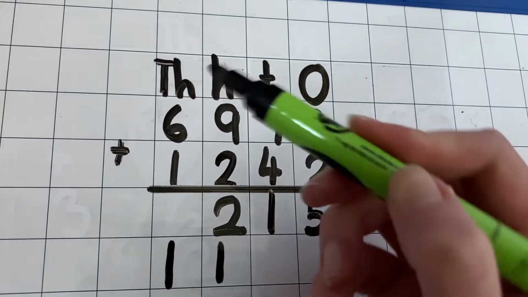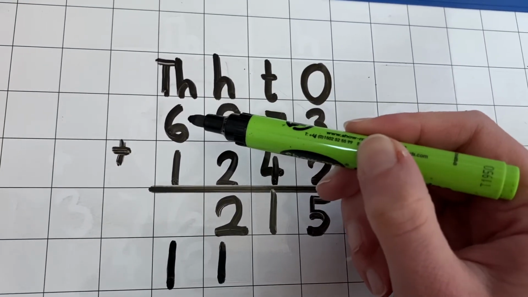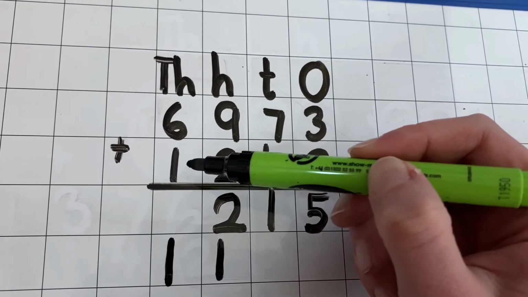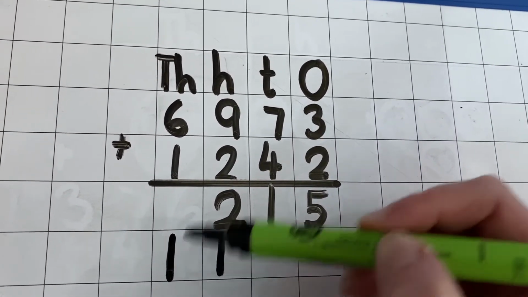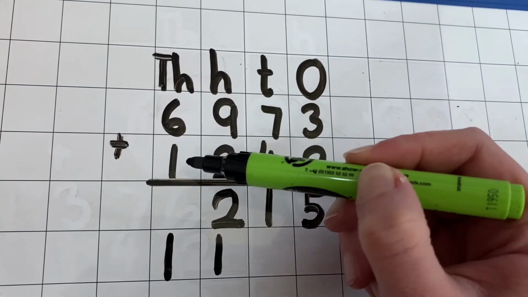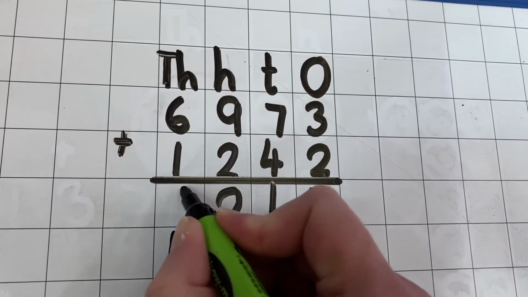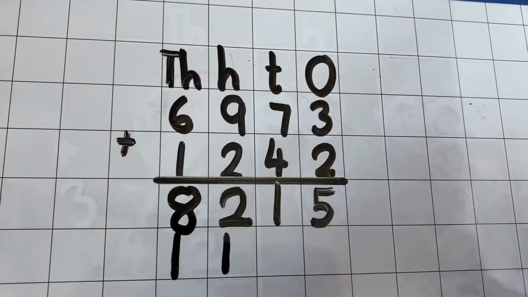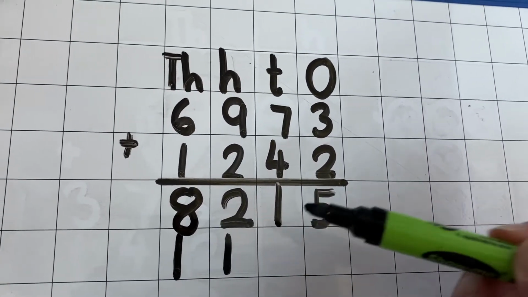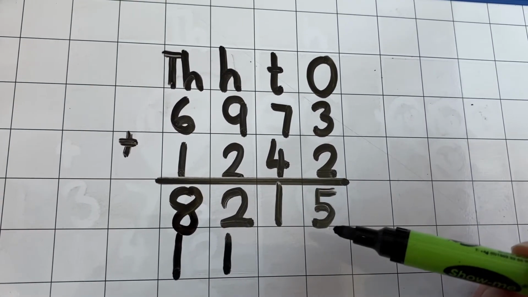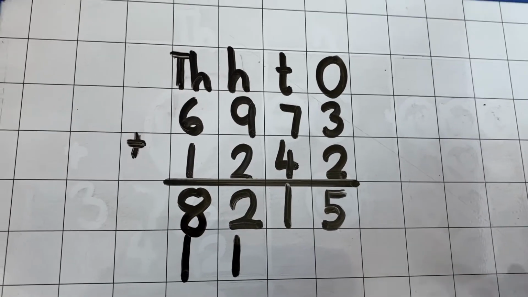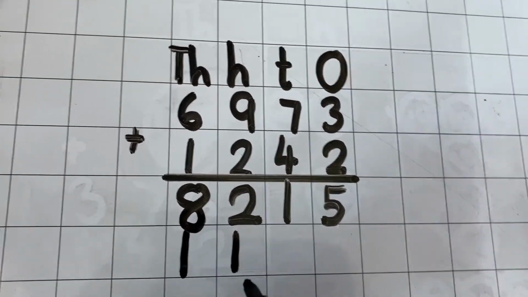Now I need to add my thousands column. 6,000 add 1,000 is 7,000. Add the other 1,000 is 8,000. Therefore, my answer is 8,215. In this example, we had to make 2 exchanges.